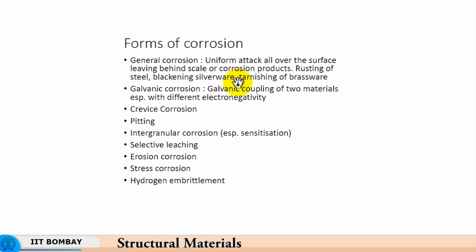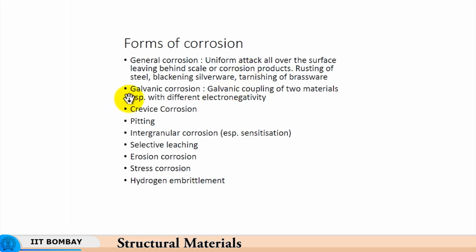Tarnishing of brassware is a very common problem which we usually find, again because of interaction or reaction of the surface of the brass with the environmental gases. Now, this is a general corrosive attack which has a uniform effect all over the surface. That is, the chemical attack takes place uniformly all over the surface.